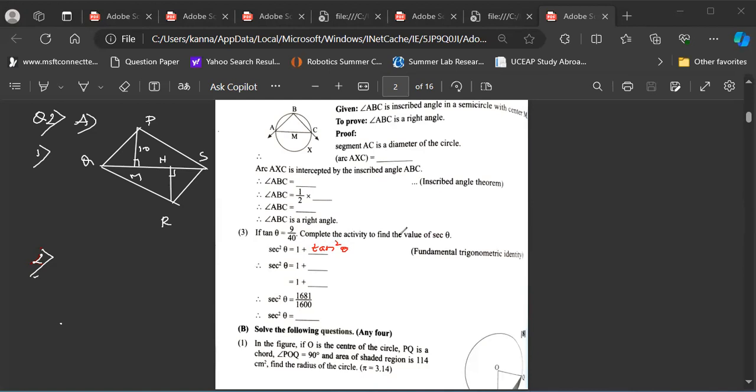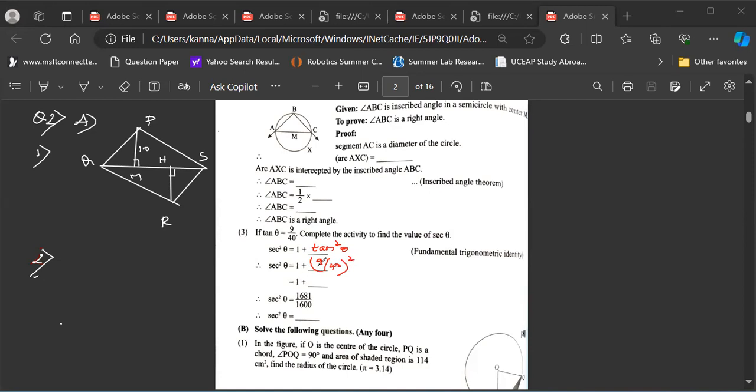Got it? Since sec theta is asked, sec square theta equals 1 plus tan square theta. So sec square theta equals 1 plus 9 upon 40 the whole square.